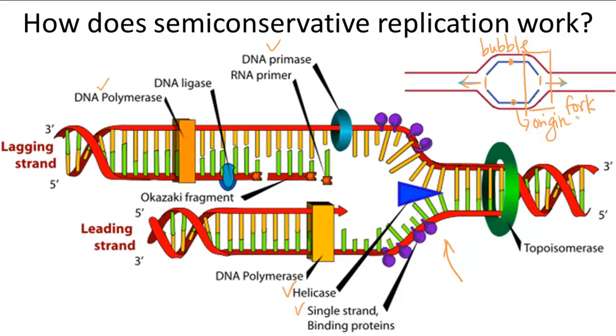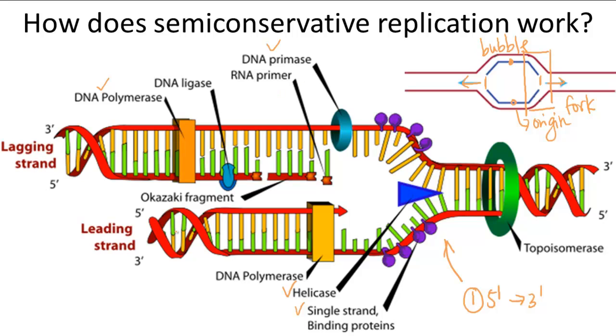So DNA replication involves some rules. It's not just as simple as these enzymes working together to make DNA strands. One of the biggest rules is that DNA will always and only be synthesized from the 5' to the 3' end. And this is not talking about the template strand. It's talking about the strand that's being synthesized at the moment.